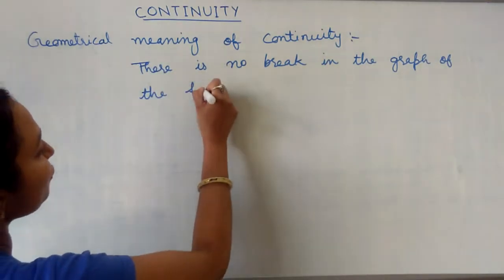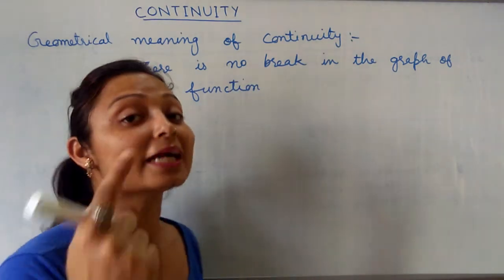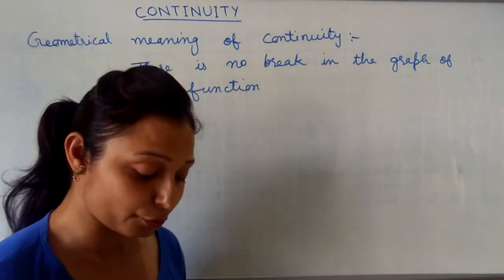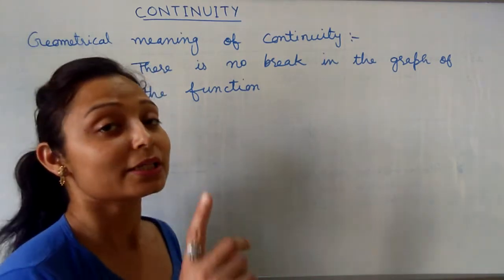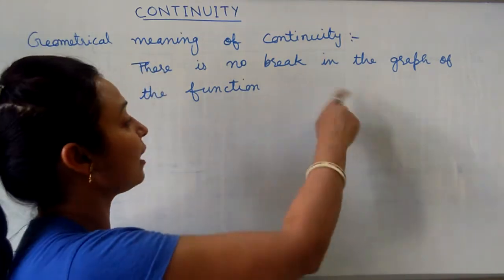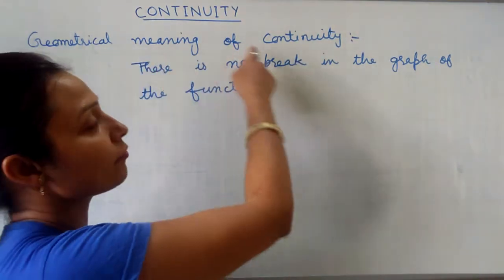If you talk about the point, then there is no break in the function at that point. If you talk about the interval, then in that interval there should not be any break in the graph of the function. This is the geometrical meaning of continuity.